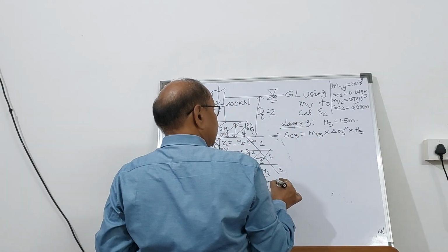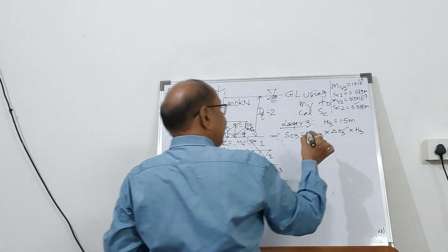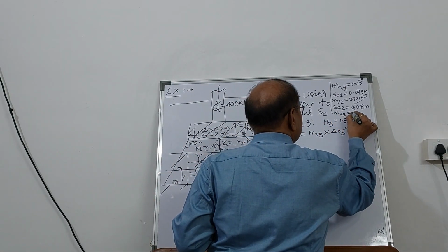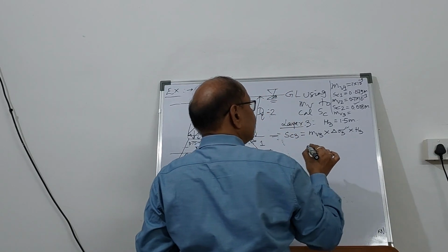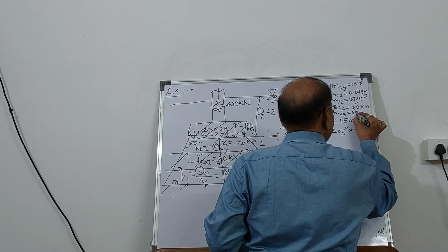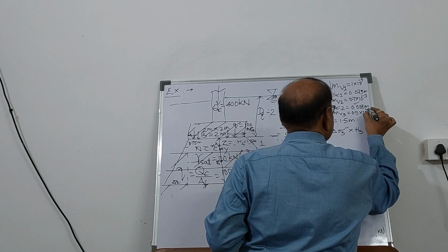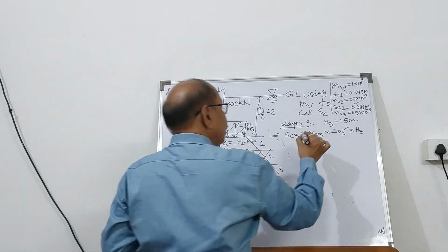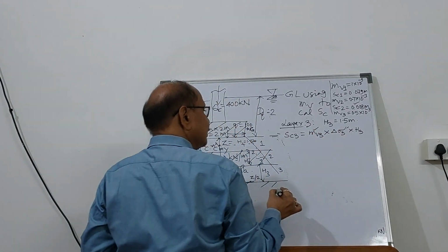Now, MV3, for the pressure range, a one-dimensional consolidation test was performed, and it was found out to be 0.5 into 10 raised to minus 3 meters square per kilonewton. So this is known to you from the one-dimensional consolidation test.